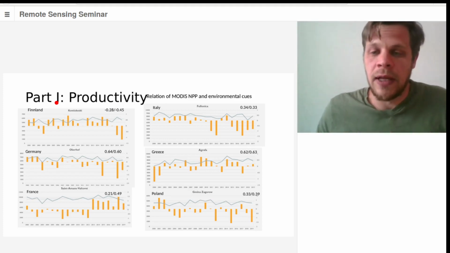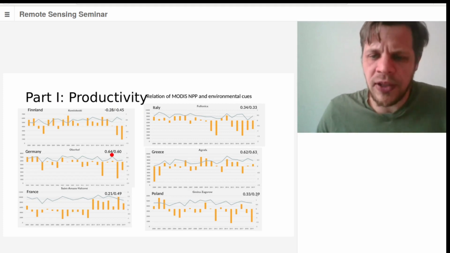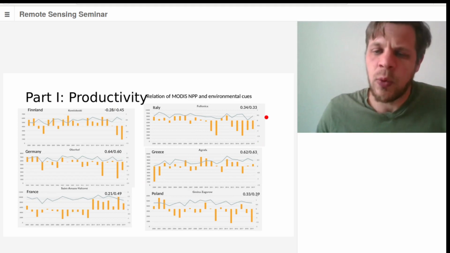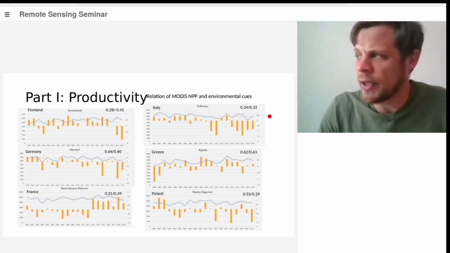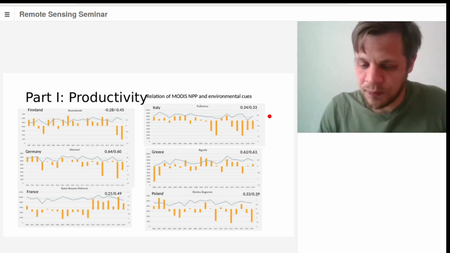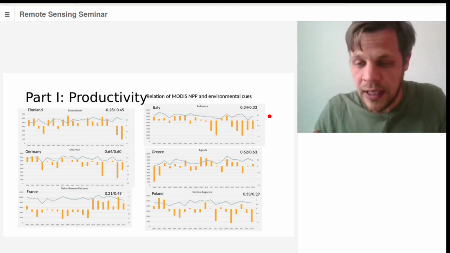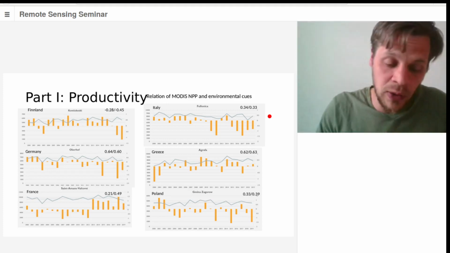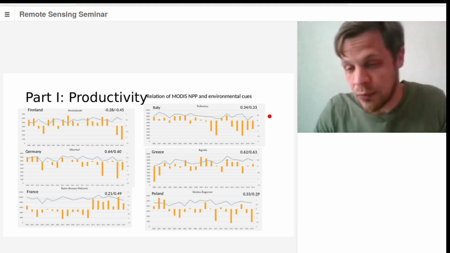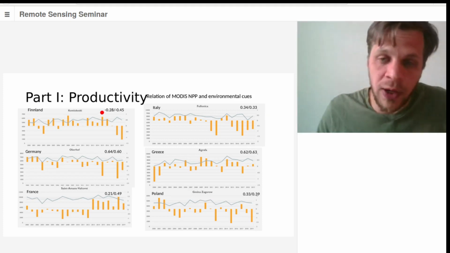Okay. And what you see is for 5 out of 6 locations, the correlation is positive, which is what somebody would expect: that more moisture in the soil determines higher productivity, and less moisture in the soil determines a decline in productivity. Only for this Finnish site here, it was the other way around.